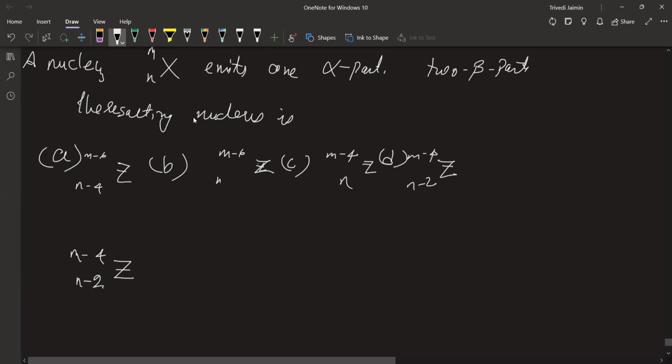But it has 2 beta particles, so the atomic number is increased by 2. So Z equals M minus 4, N. So option C.